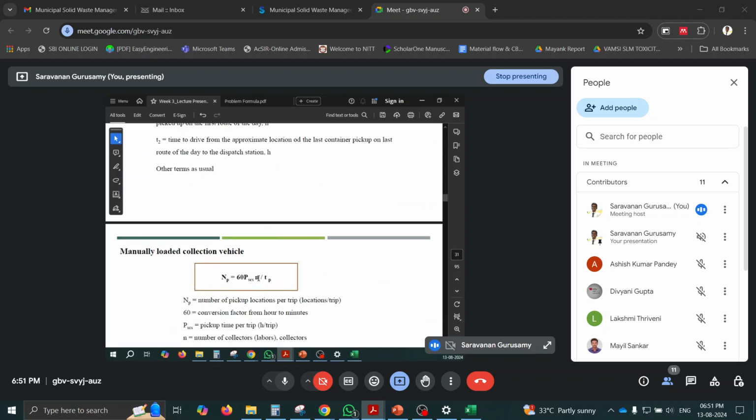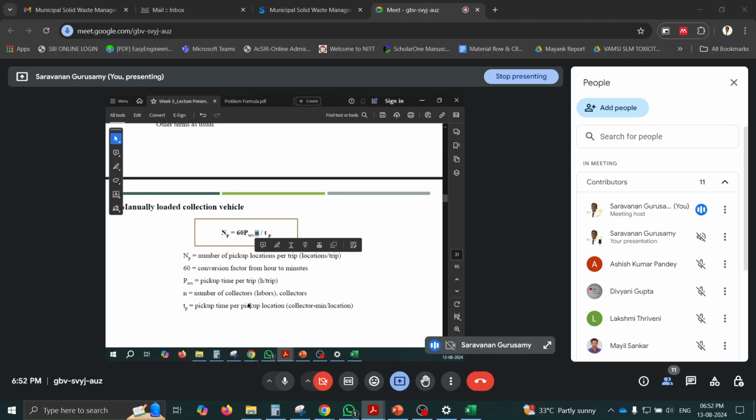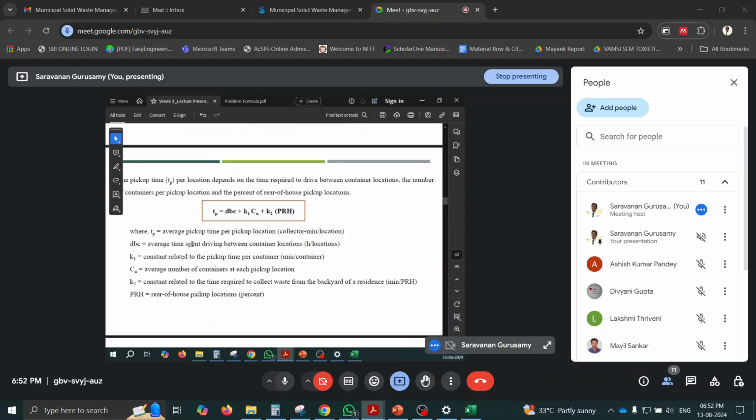Then N will be your number of collectors, how many laborers we are using, one person crew, two person crew or three person crew, by TP, pickup time per location. Then that will give you number of pickup locations in manually loaded vehicles.